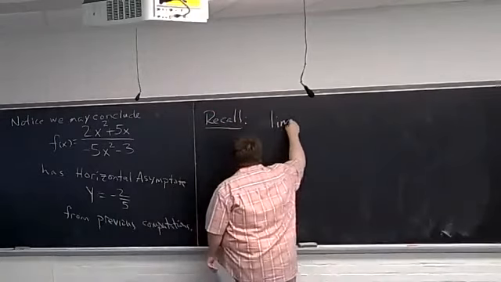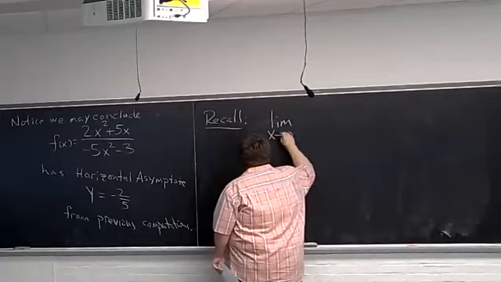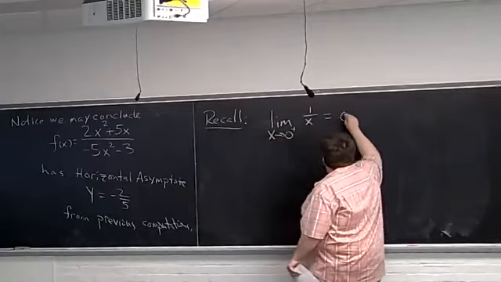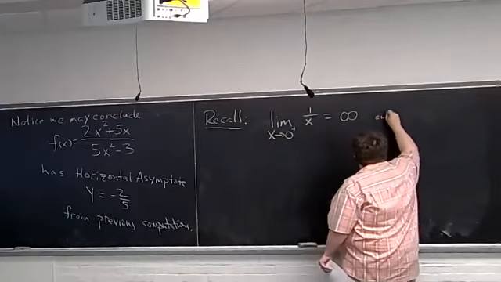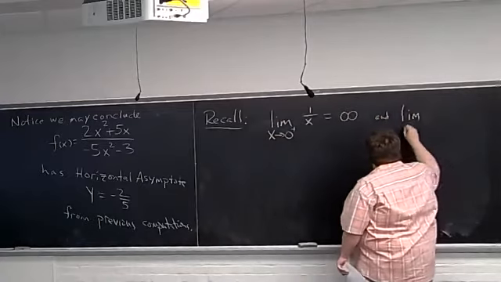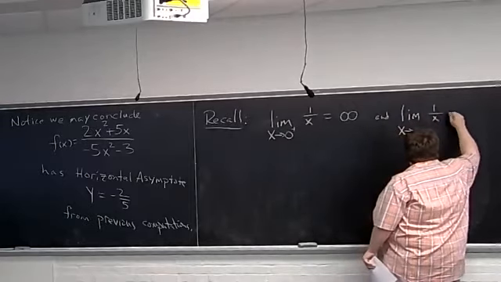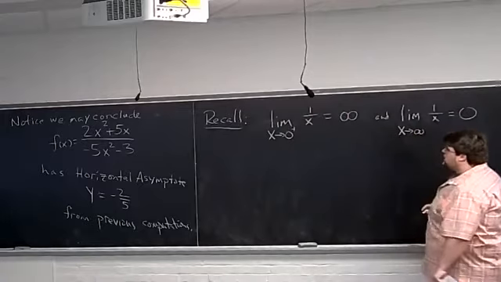Limit as x went to 0 from the right, 1 over x was infinity, and limit as x goes to infinity, 1 over x is 0.